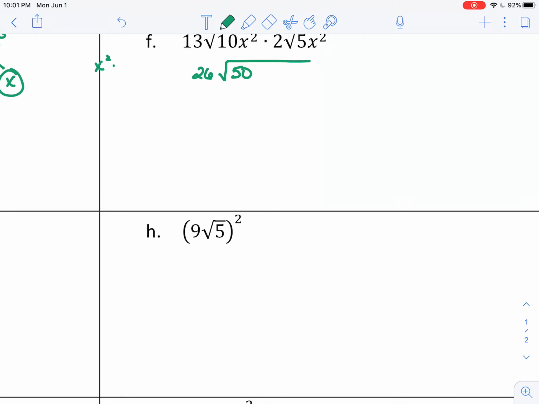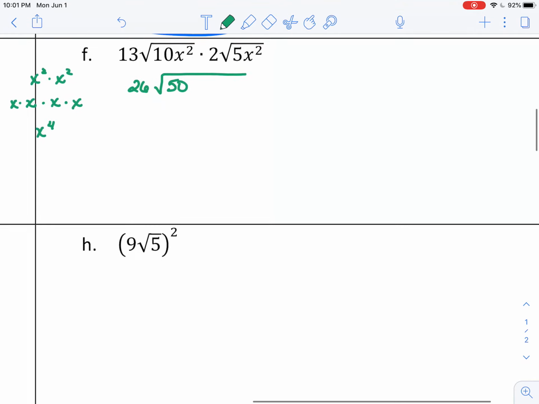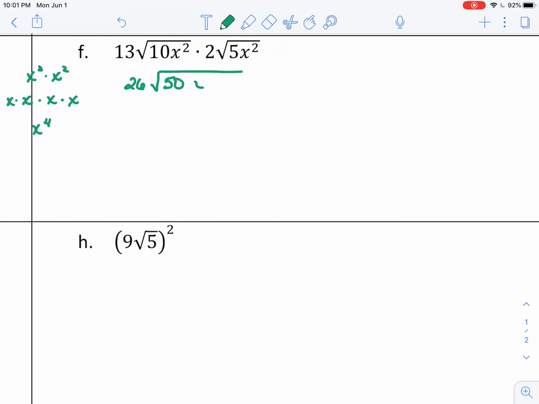X squared times x squared just means I had an x times an x, times another x times an x. It means I have that x 4 times. Even if you completely blank on the rules of exponents from Algebra 1, you can still reason out that that is x to the 4th. So again, that was from my multiplication stage. I'm going to have an x to the 4th here.